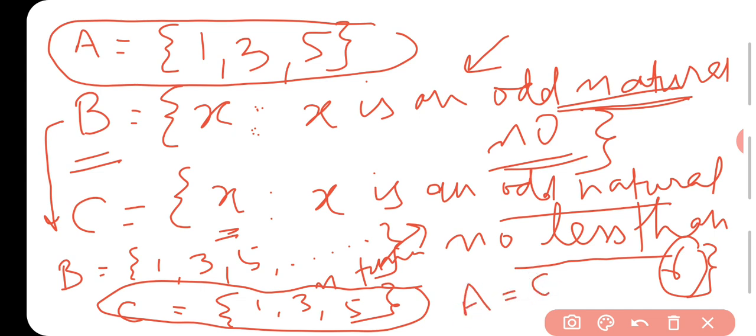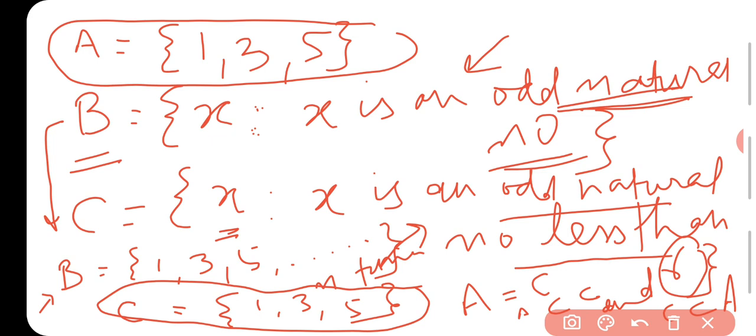And if A is equal to C, it means A is a subset of C and C is a subset of A. Now see, in set B we have the elements 1, 3, 5, and so on. In set A we have only 1, 3, 5, and in C also 1, 3, 5.